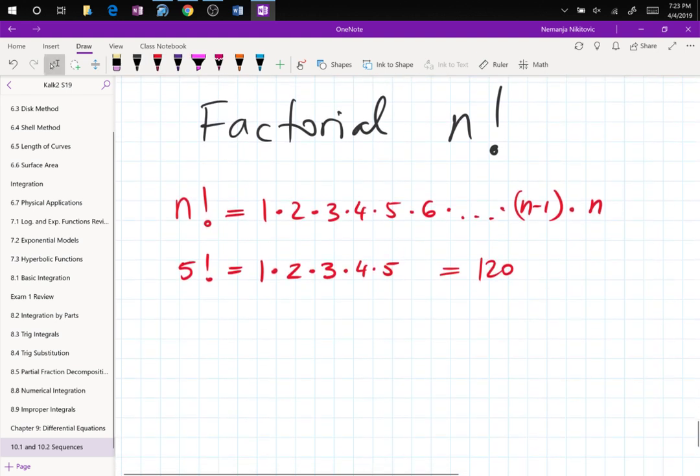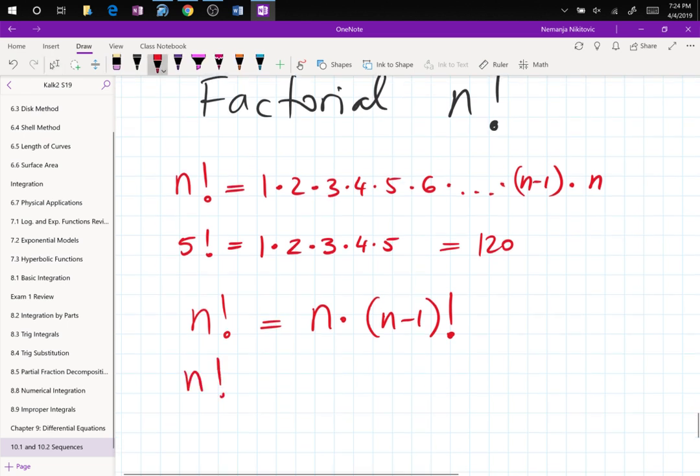So factorial is simply multiplying all of the numbers. Now, there are some really cool things that you can do with this. n factorial can be written as n times n minus 1 factorial. You can peel off 1. Also, we can have n times n minus 1 times n minus 2 factorial.